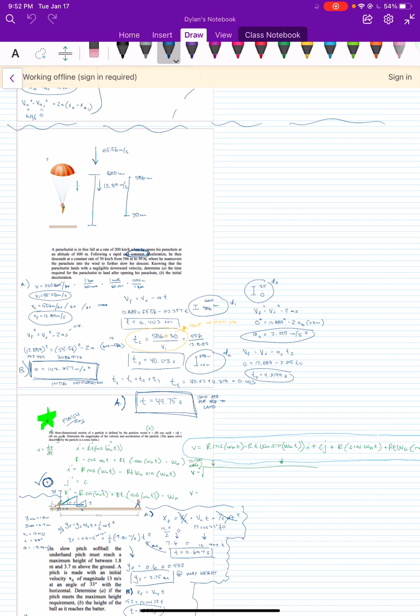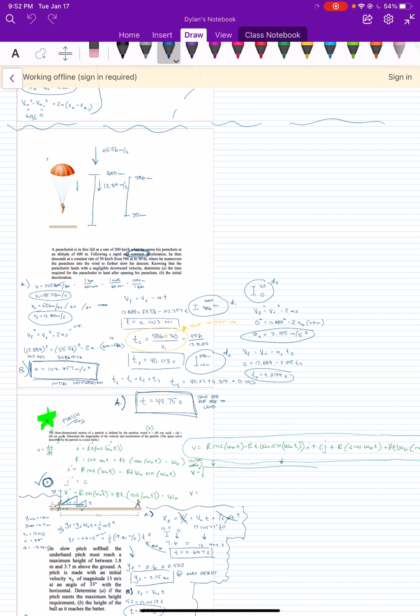Then I plugged my time into the other kinematic equation I just mentioned and manipulated that and canceled some things out so that I could get the true time, because there were 3 different Y, I guess you could say, positions where the velocity was different.